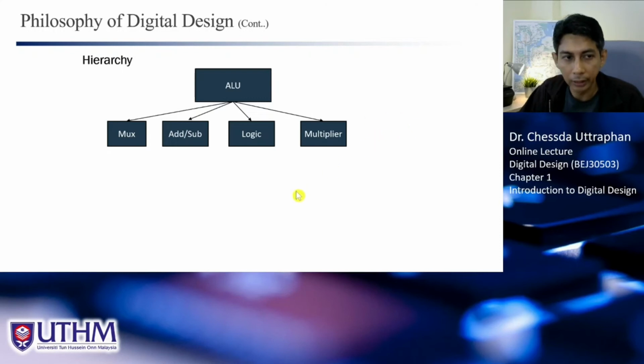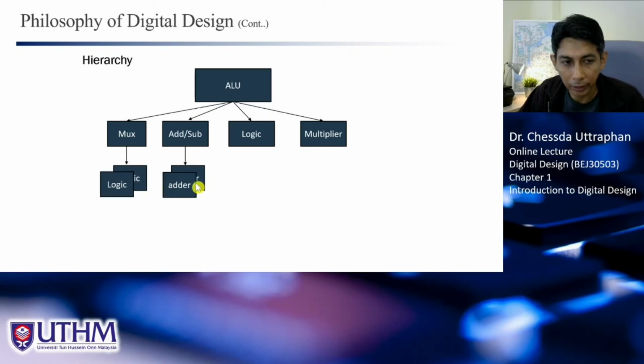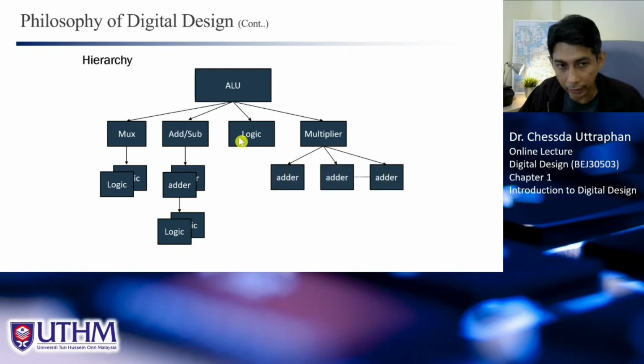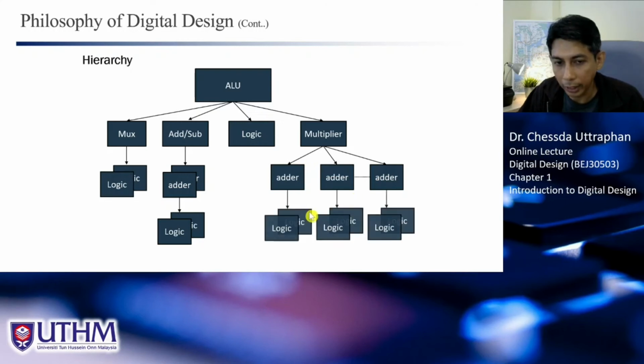The multiplexer comprises many logic gates. For the adder and subtractor, we have adder circuits inside, and of course the lowest level is the logic, which we can design straight away. A multiplier actually comprises many adders added together. All of this we connect to each other, and we get the ALU, the big circuit. This is called the hierarchy design methodology.